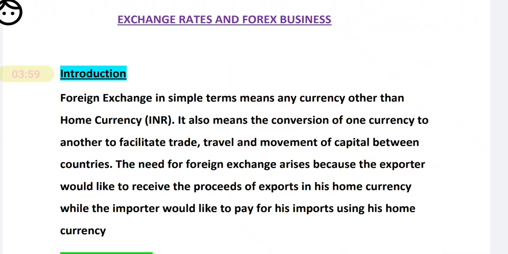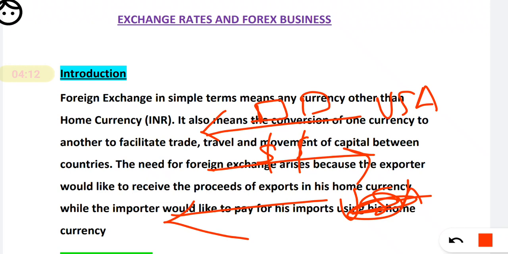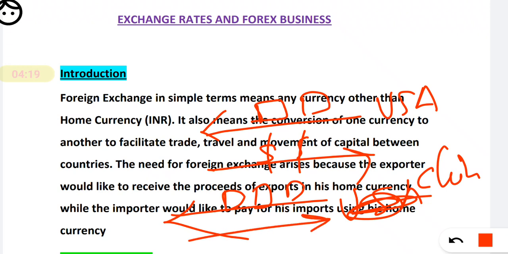So if you have imported something from the USA, you have to send them dollars, right? And if you have imported from China instead of the USA, say some Chinese goods, in return we have to send the Chinese yen, which is the currency of China.